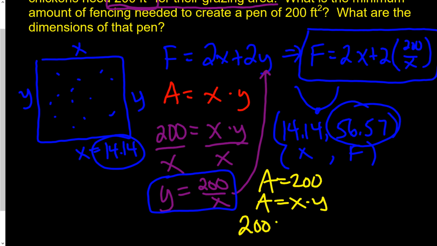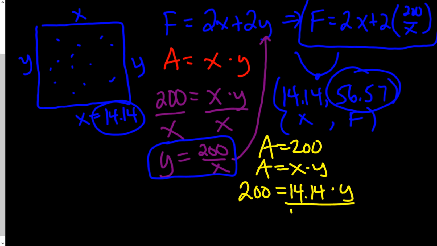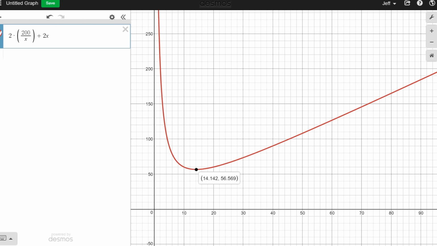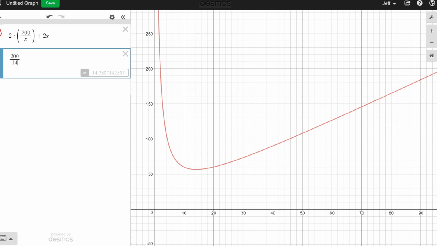So 200 equals 14.14 times Y, divided by 14.14 on both sides. And I get Y equals, let's swing over to Desmos, 200 divided by 14.14, and it's 14.14.